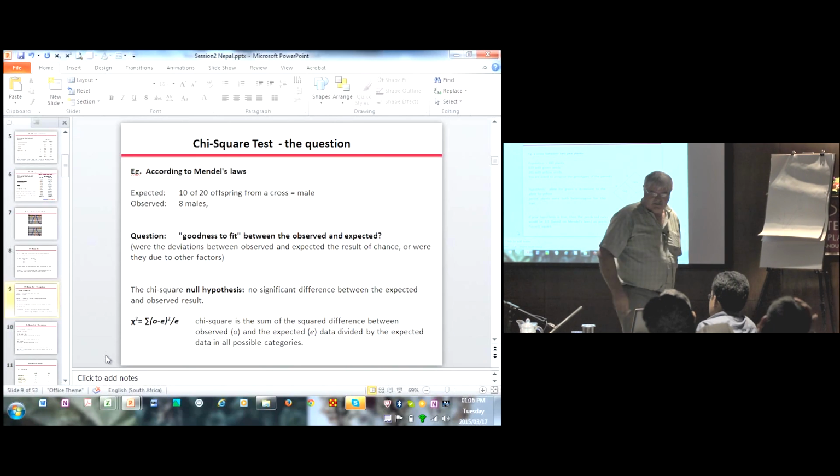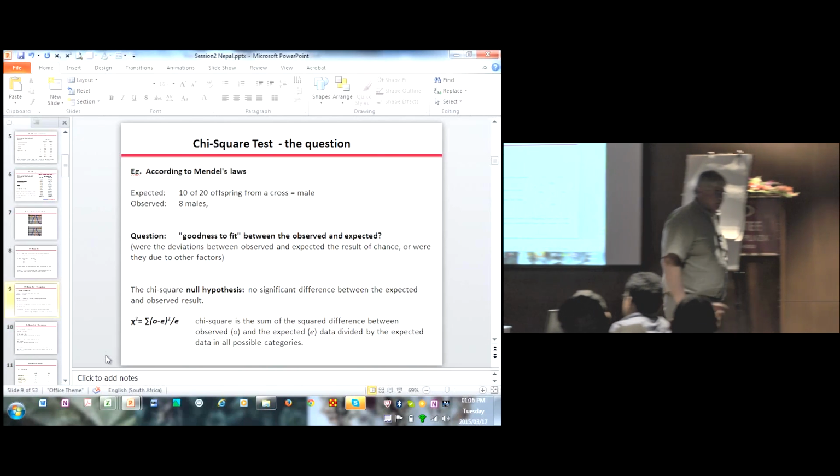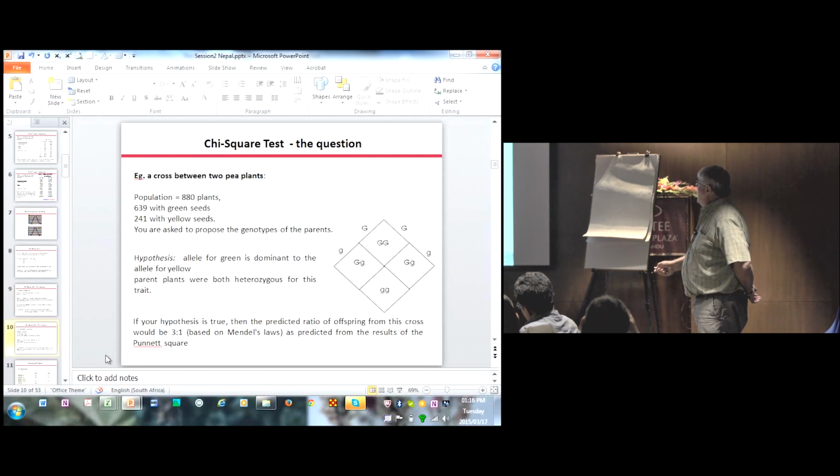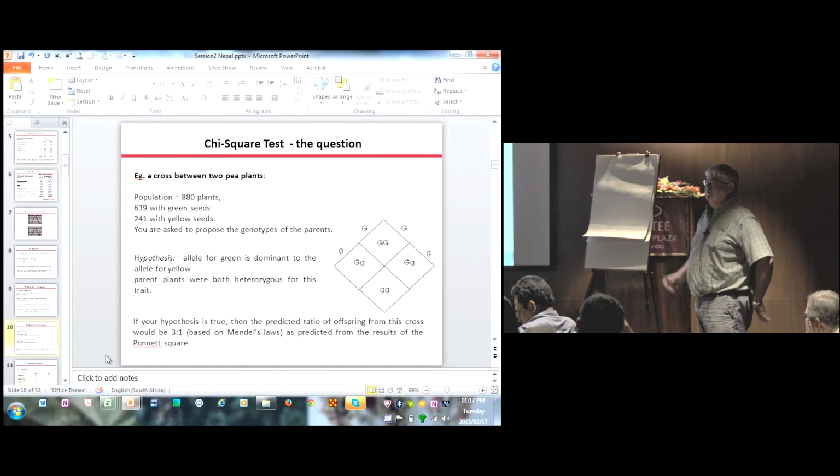So let's take a typical Mendelian example. I have a population of 880 plants, and I look at the segregating population, and there were 639 with green seeds and 241 with yellow seeds, and you're asked to propose the genotypes of the parents. The hypothesis is that green is dominant over yellow. It's very simple.